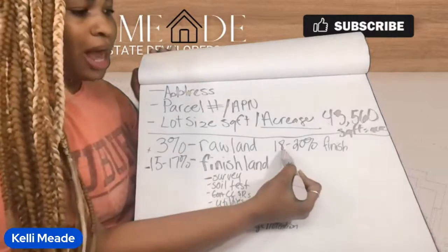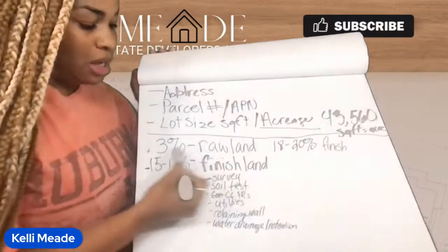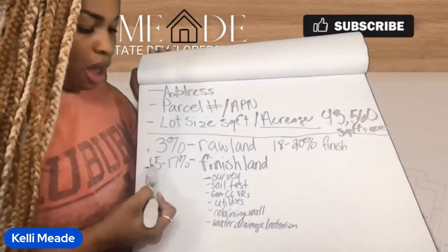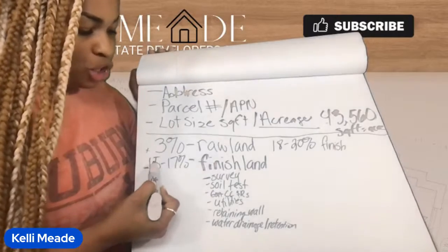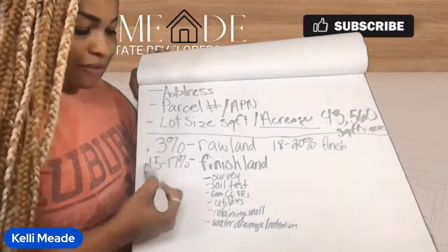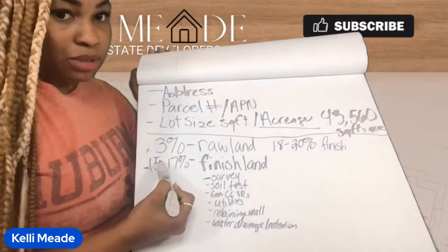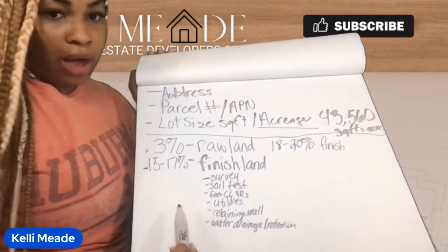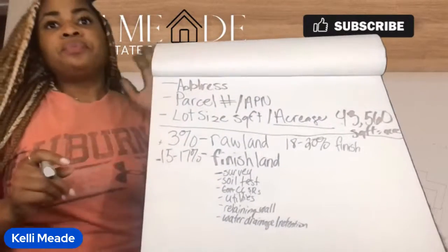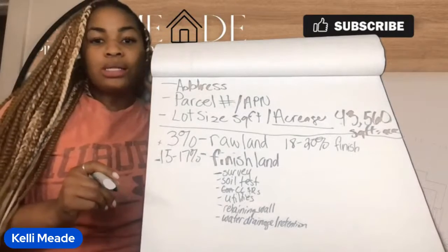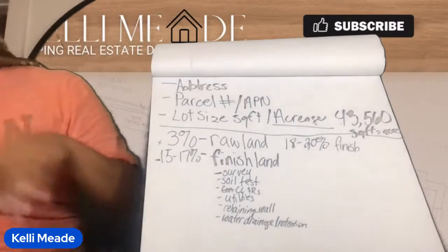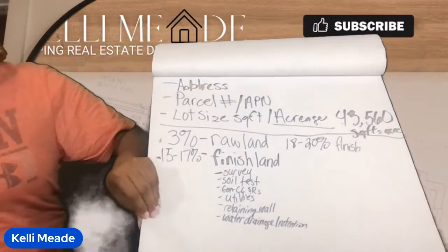To finish a lot, it's going to take 18 to 20% if it's raw land. If it's already finished, you can eliminate 15 to 17% of your cost here. Okay. Awesome.